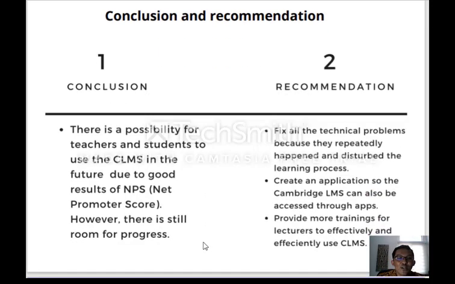However, there is still room for progress. So it is suggested that Cambridge should fix all the technical problems because they repeatedly happened and disturbed the learning process. The second recommendation is for Cambridge to create an application, so the Cambridge LMS can also be accessed through an application and easily used by the students wherever they go.